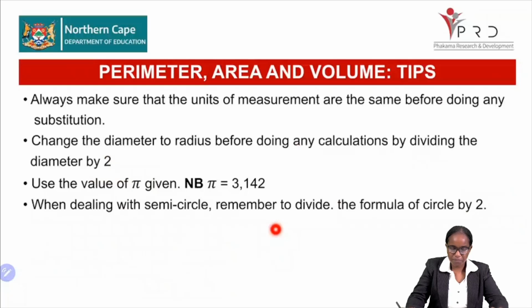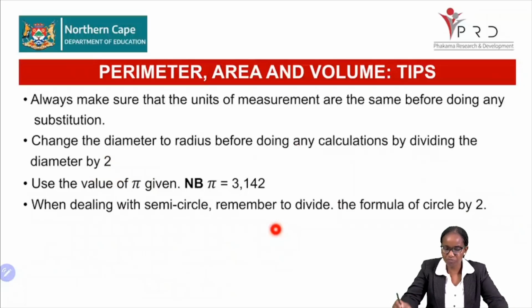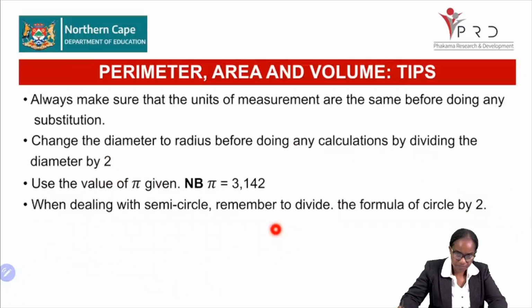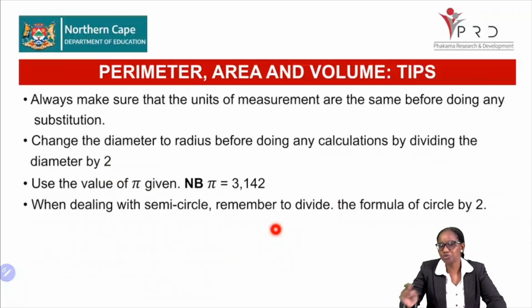Right? So, the tips in calculating perimeter, area, and volume. Always make sure that your units of measurement are the same before you do any substitution. If you have centimeters and millimeters, make sure you're using the same unit. You cannot multiply centimeters and millimeters; it will mess up your calculation.